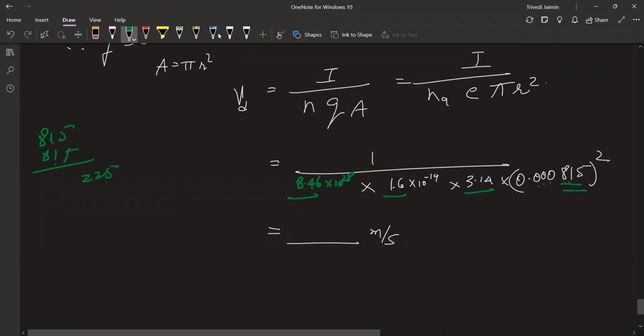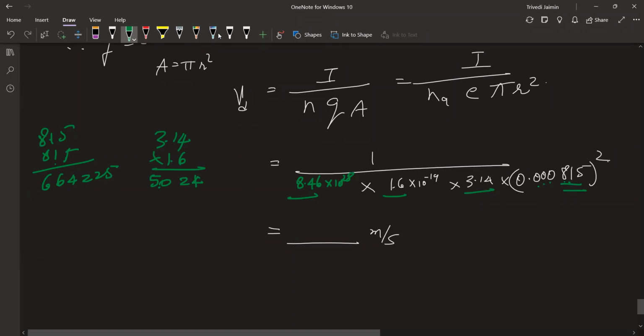15, 225, 8, 64, 66, 66425. Then 3.14 into 1.6. 16 for the 64, 620, 48, 50. 1, 2, 3 decimals.